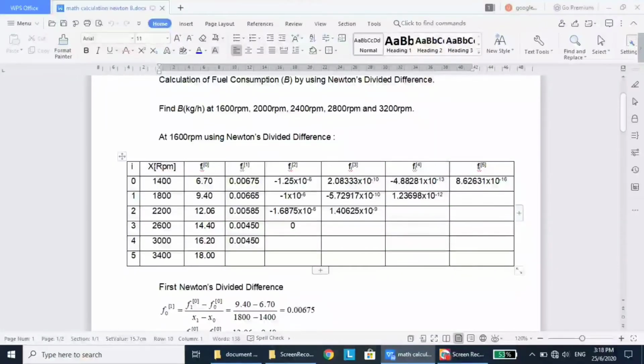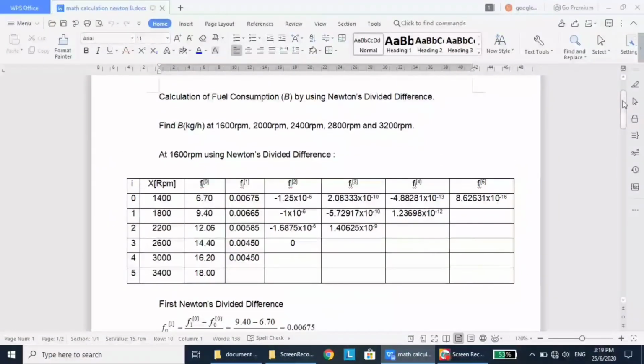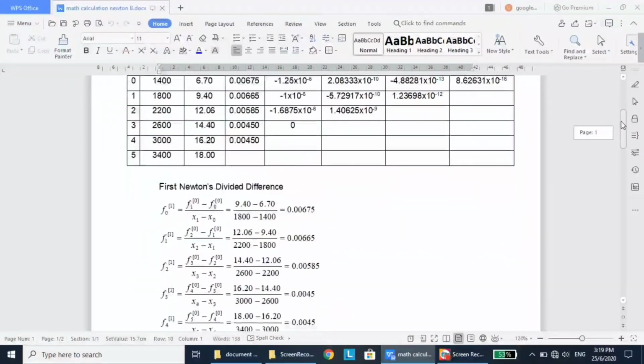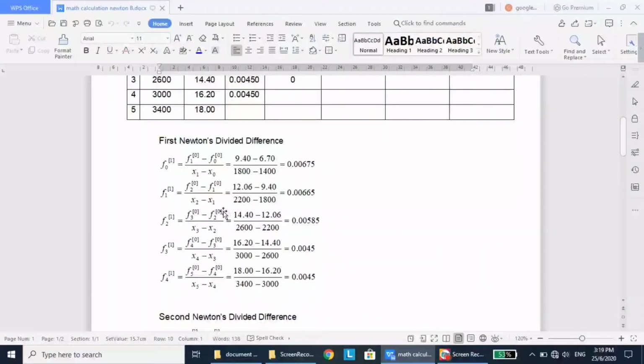If x has 6 values, that means there are 6 function values. Step 2 is write the formula, the formula for the first Newton divided difference, enter the value and we will get the answer.